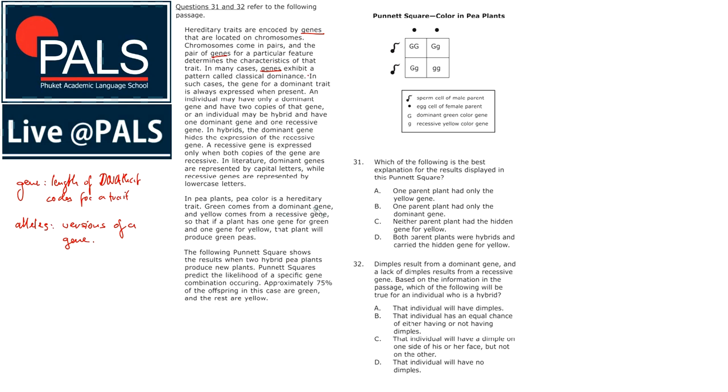In pea plants, pea color is a hereditary trait. Green comes from a dominant allele. So we can maybe write this down. Green is the dominant allele, so we give it a capital G. Yellow comes from a recessive allele, so we give it the small g. We usually keep the same letter for the same gene.